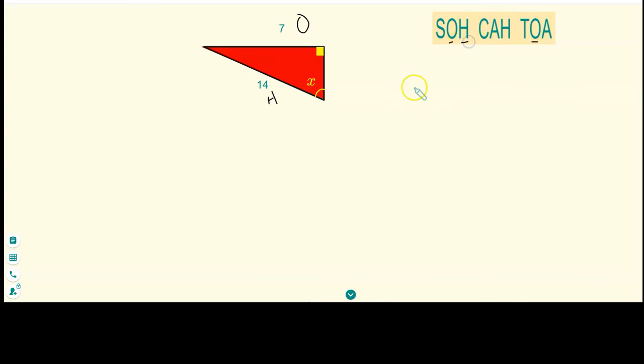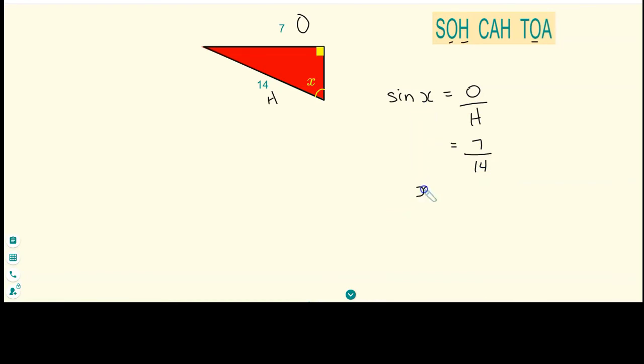It is sine. So sine of your angle, x this time, is equal to opposite side over hypotenuse. Let's substitute values. The opposite side is 7 and the hypotenuse is 14. That is sin x.